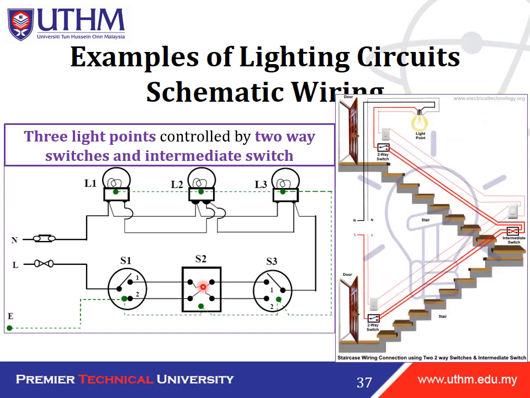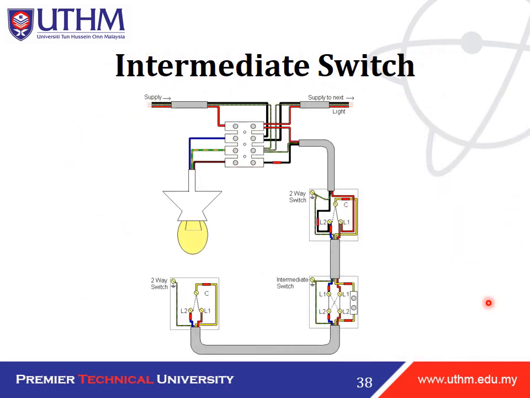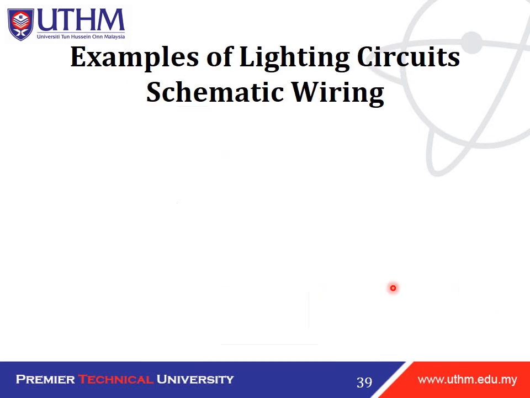Usually this kind of lighting circuit is applied at the staircase, where the two-way switches are located at the ground floor and the first floor, and the intermediate switch is between the floors. So okay, this is the connection of the intermediate switch.